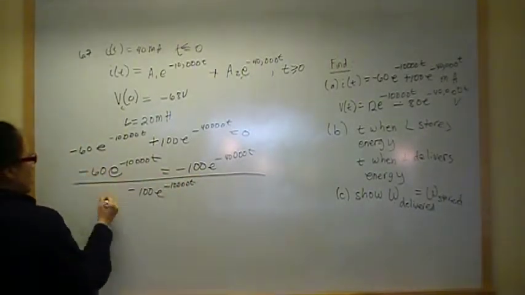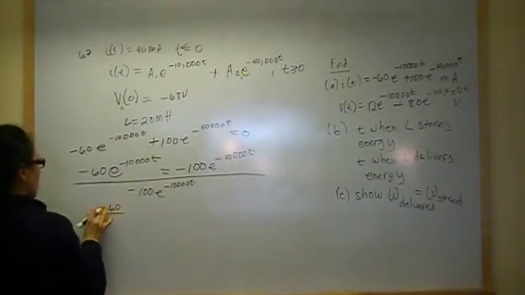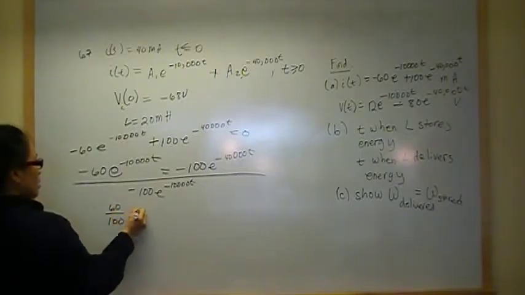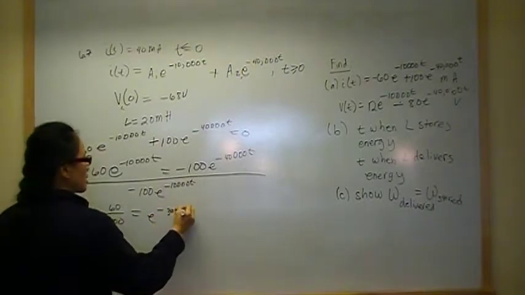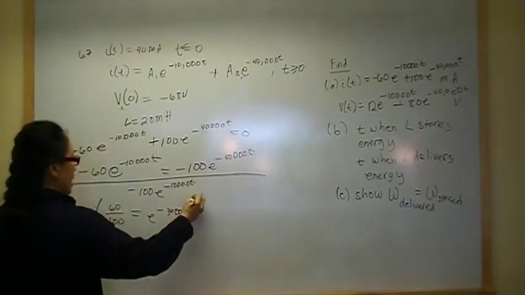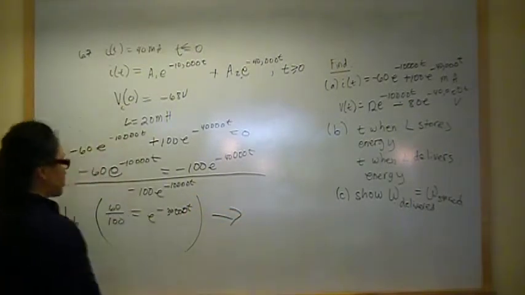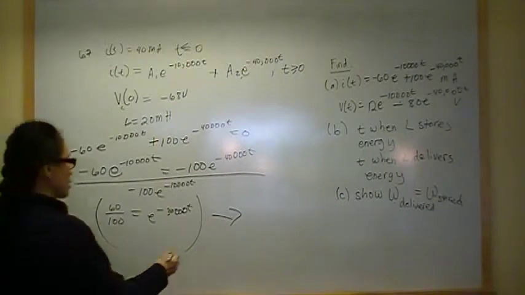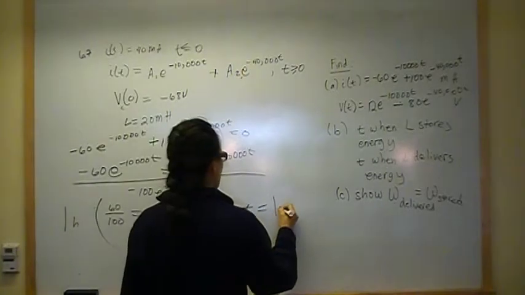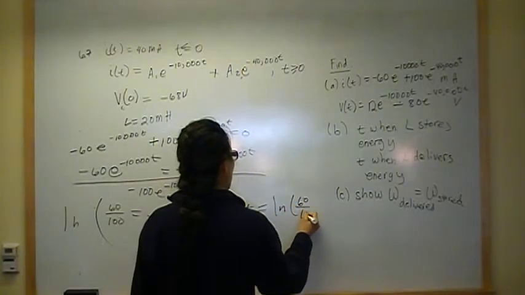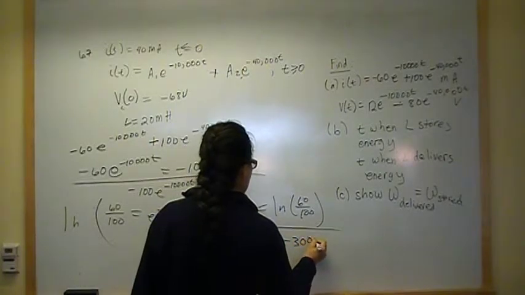Well, actually, I'm going to get 60 over 100 is equal to e to the negative 30,000 t. We're going to take the natural log of both sides. Over here, taking the natural log means the t comes down, so t is going to be the natural log of 60 over 100 divided by negative 30,000.